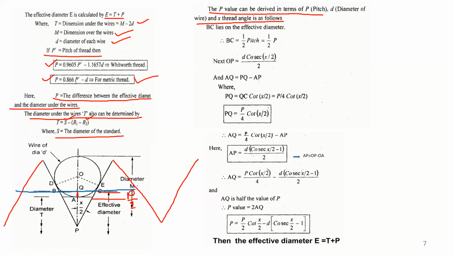Therefore, BC becomes, according to the definition of the pitch, this pitch is nothing but up to this point, right? Root to root point or crest to crest point.